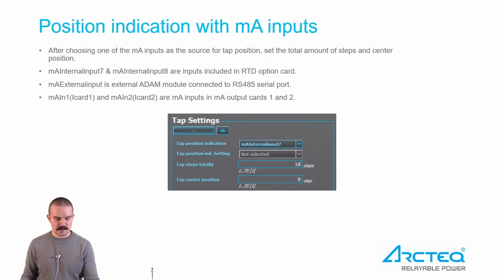Then when we have selected a milliamp input channel, we set the total amount of steps, and then what is the center position of those steps. So in this example, 18 and 9.